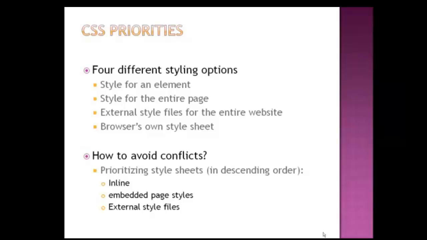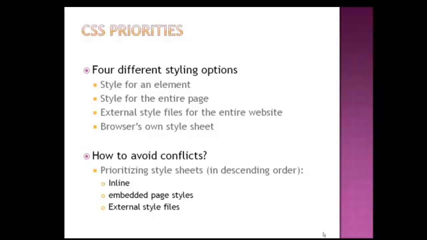Or you could use external style sheet files and link them in the head element of your pages to apply an external style sheet over the entire website or the pages that you want these styles applied to, instead of having to copy and paste all of the style sheet within the head element of all of the pages.